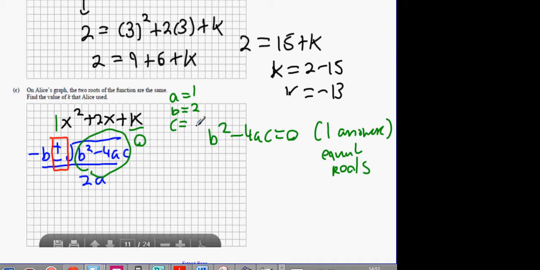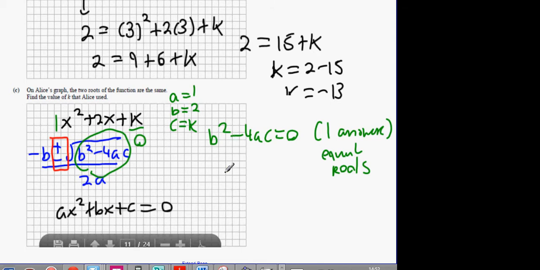K. Yeah? For those of you who don't remember, the minus b formula looks like this in your tables. I'll write that down first. Whatever number comes in front of x squared is a, whichever number comes in front of x is b, and whichever number is at the end is c. Okay?